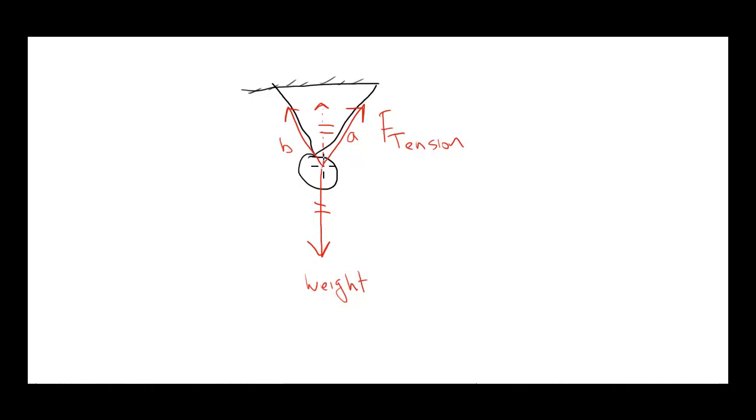By the way, these two ropes are also exerting tension forces to the side like this, and these two tension forces are also canceling out, which is why it's not accelerating in the side-to-side direction either. So once again, this is another case of equilibrium, a case of net force equal to 0.